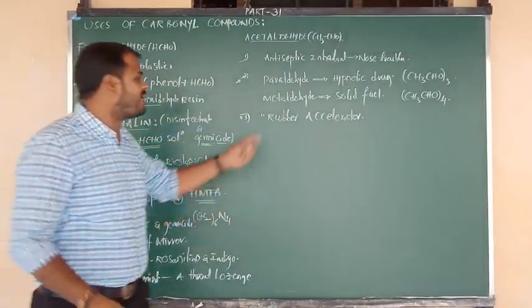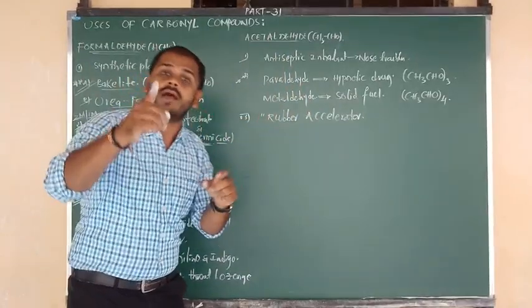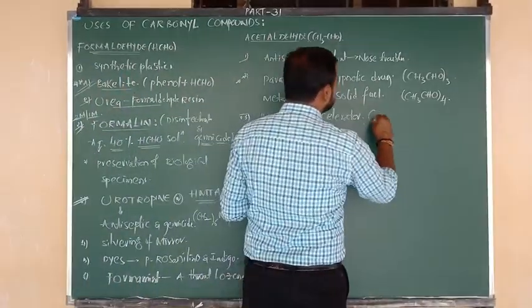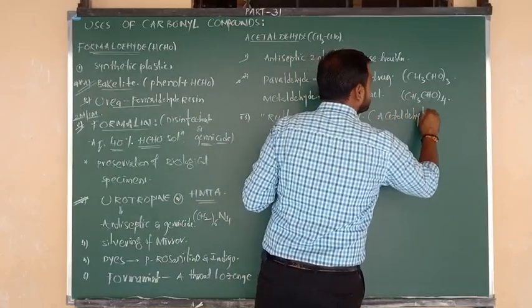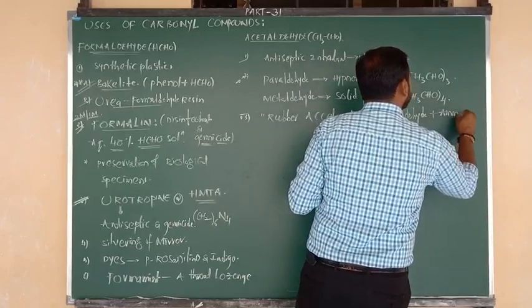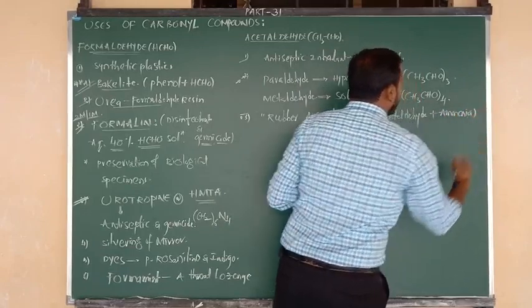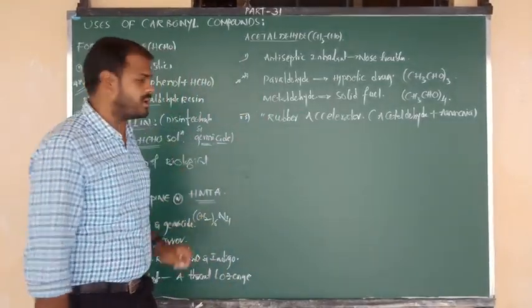In the manufacturing of rubber accelerator, we use acetaldehyde with ammonia. So it can be prepared from the mixture of what, Nana? Acetaldehyde plus ammonia. Simply, we can say that this acetaldehyde-ammonia mixture is used as a rubber accelerator. Very important for you.